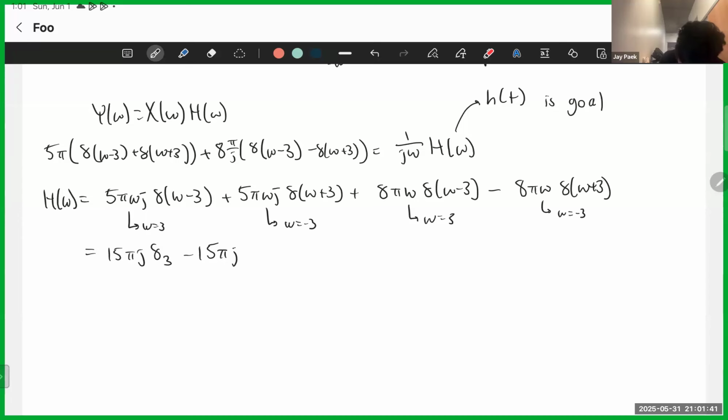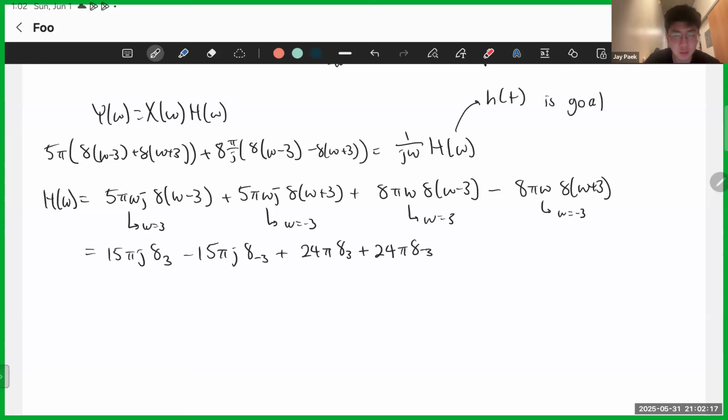This is -3, and then delta at -3, plus 24 pi delta at 3, plus 24 pi delta at negative 3.